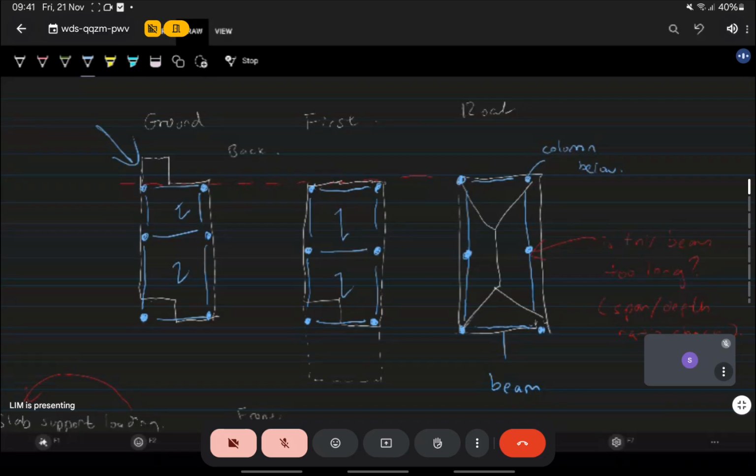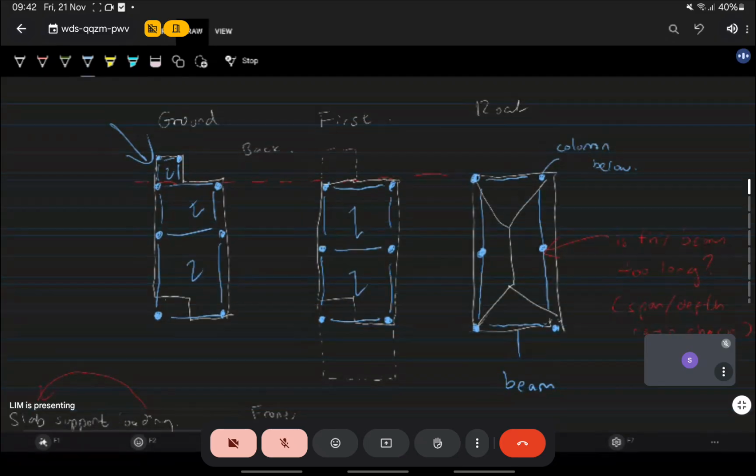So you have that little structure there, and you have to provide beam and column for it as well. Oh, that thing will also need a roof. So you also need it here to support the roof, but no need for a slab.